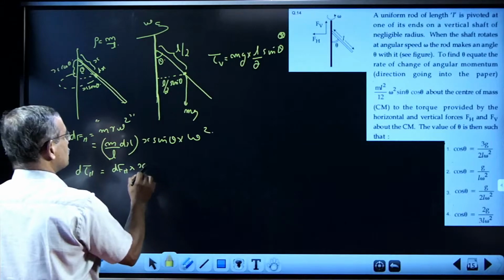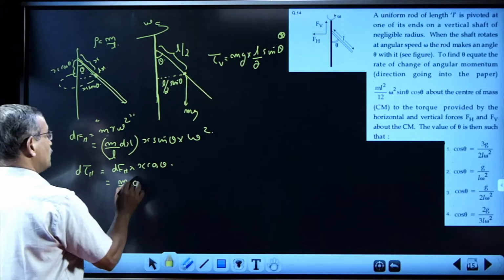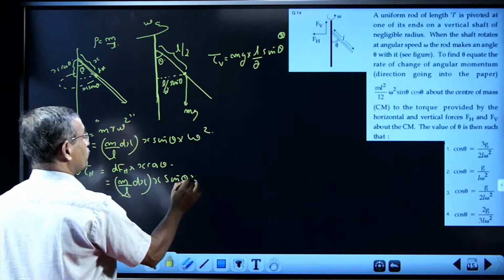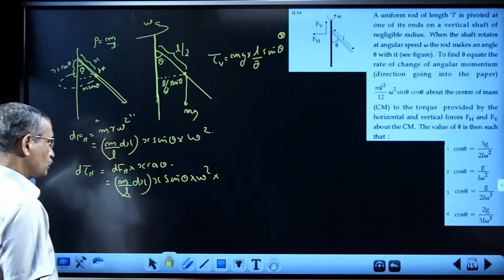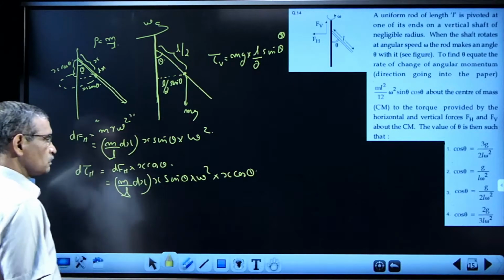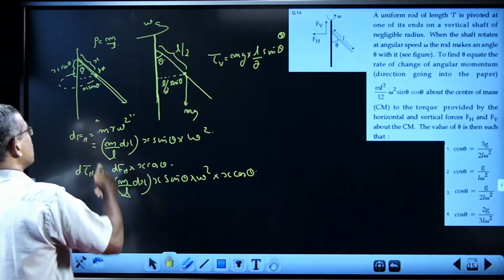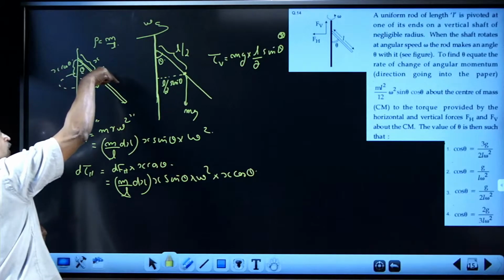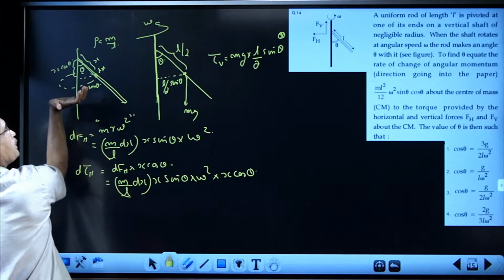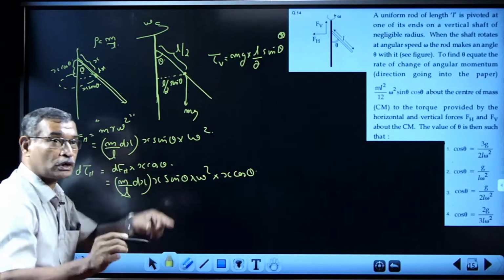So d tau equals m by L dx into x sin theta into omega squared into x cos theta. And what is the direction? This is R, this is F, and therefore the torque will be outward. So what is the total torque?